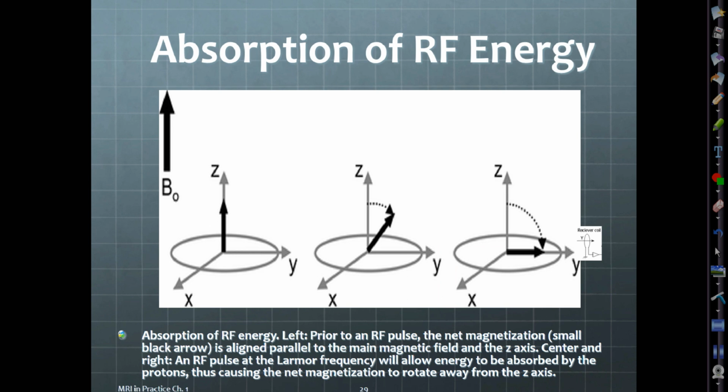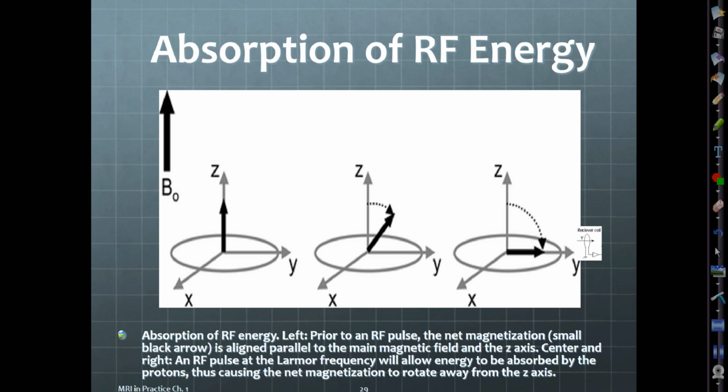So here's another way that it's just shown in a three-dimensional diagram, but it's no different. This vector flips into the transverse plane, and due to precession, remember it's precessing around B sub 0, it's just going to keep rotating around on that transverse plane. These receiving coils are stationary, right?